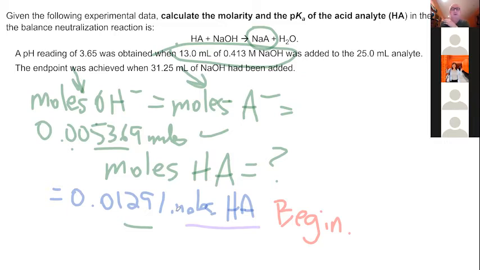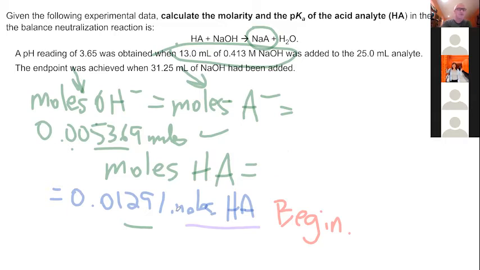So how do I figure out how many are left? We just subtract it. You subtract them, exactly. I have this much at the beginning and I take some of it away. I subtract to see how much is left. Exactly right.